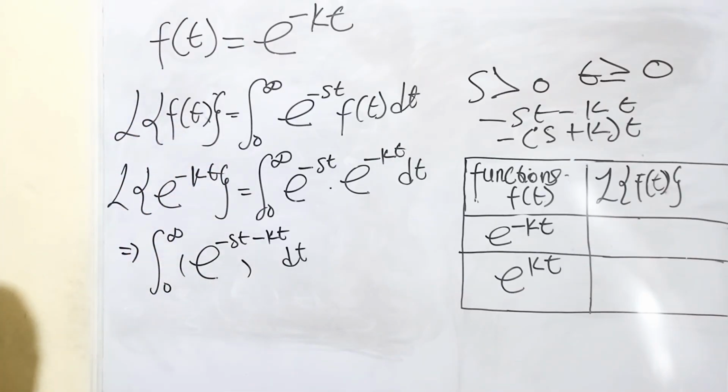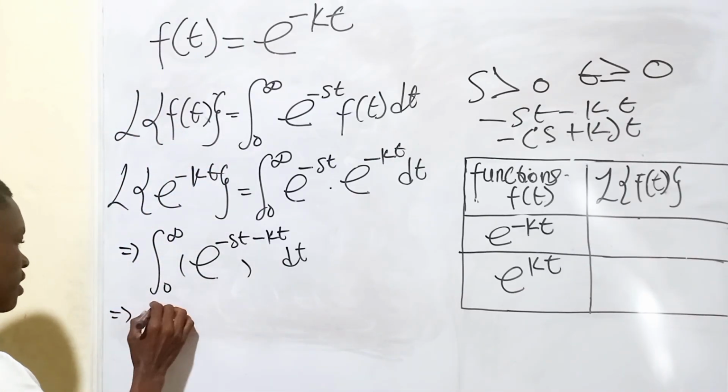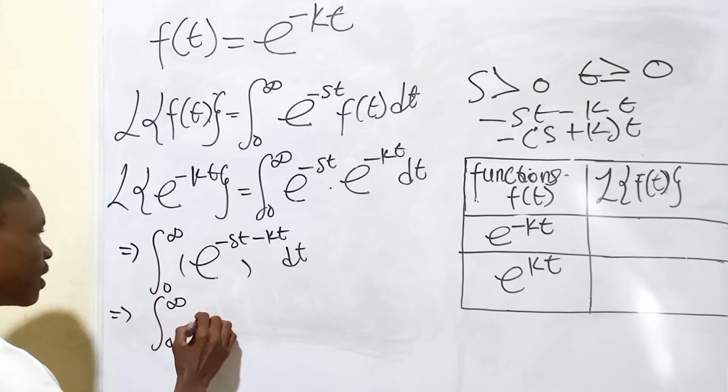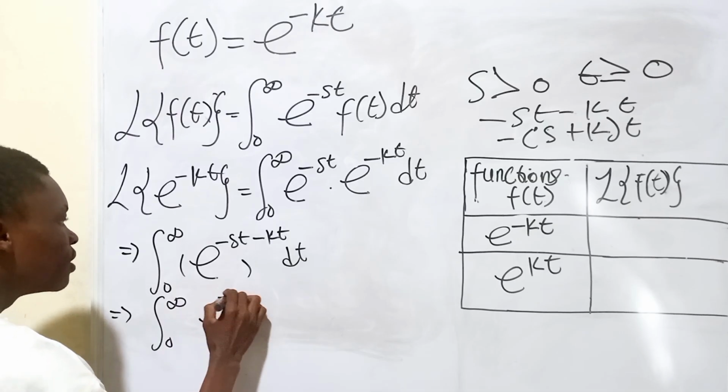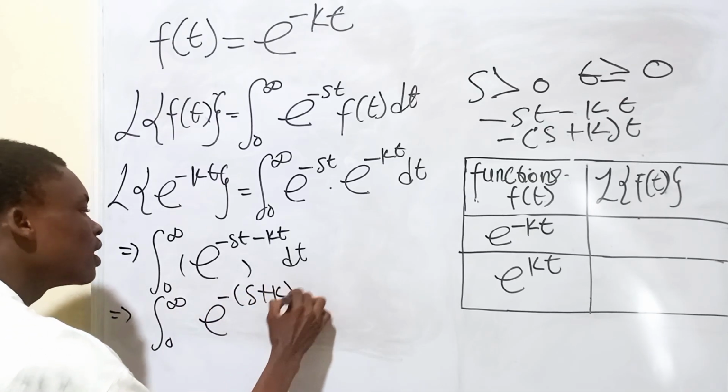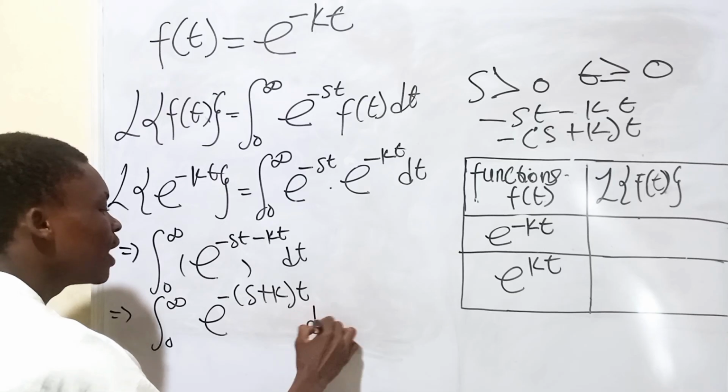So this is the integral from 0 to infinity of exponential negative s plus k multiplied by t, then dt.